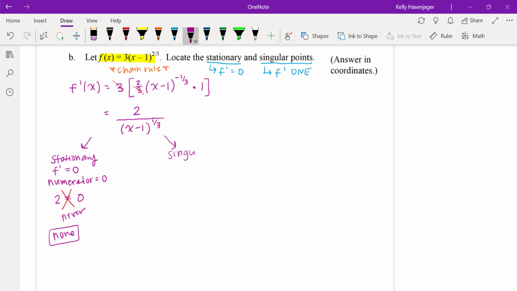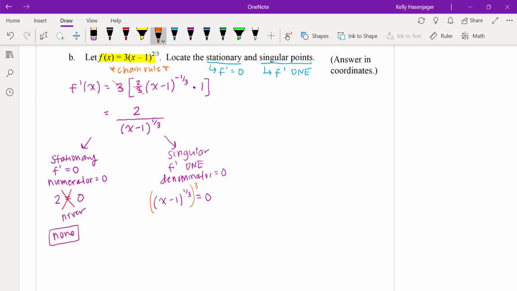If we head over to do the singular points, that's where the derivative does not exist. Our derivative is a fraction, and we know that if the denominator of a fraction is 0, it's undefined. So we're going to set the denominator of our derivative equal to 0. So (x minus 1) to the 1/3 power, set it equal to 0, and we'll solve for x.